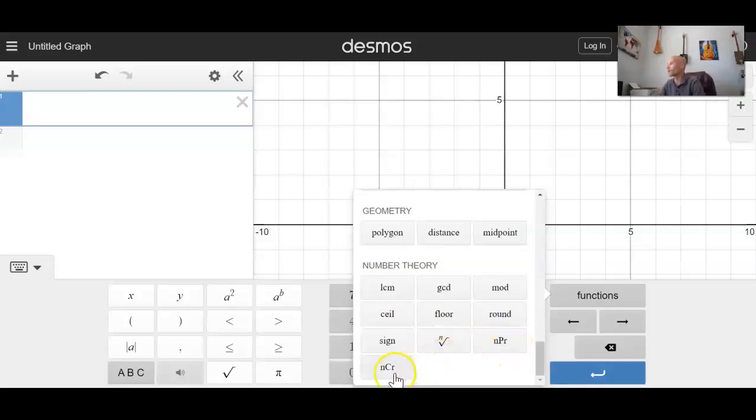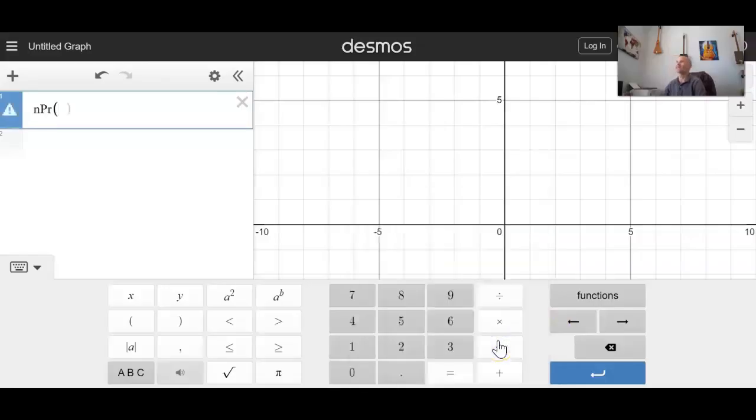Right now we're using nPr, we're going to learn about nCr soon. So click on nPr, and this looks different than we have it written down, but basically we have to insert and separate by comma n and r.